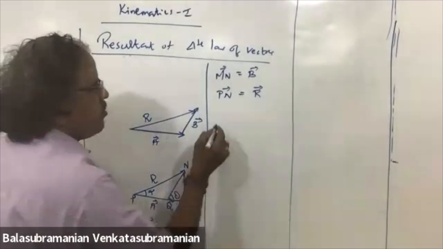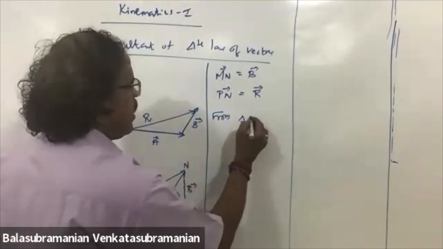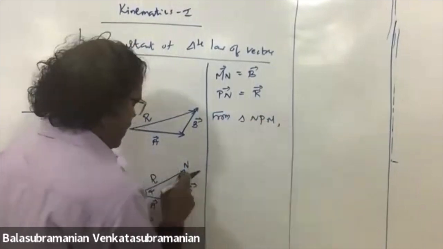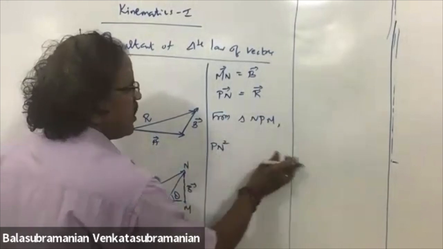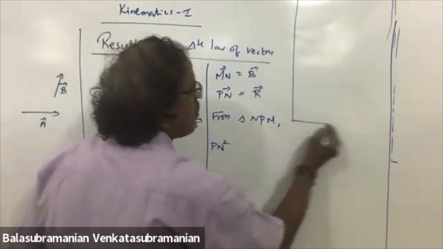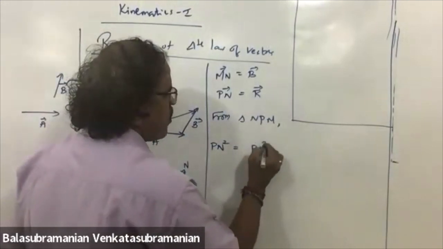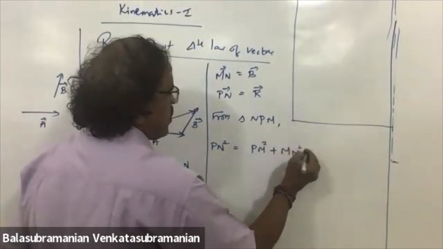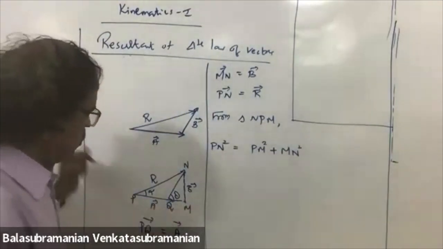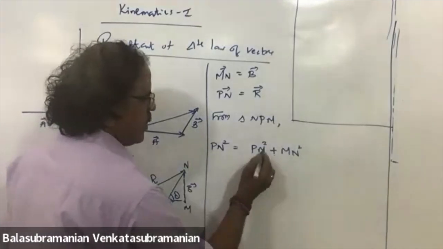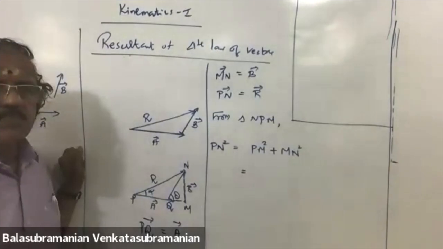So, by the Pythagoras theorem from triangle NPM, PN square is equal to PM square plus MN square. Correct?